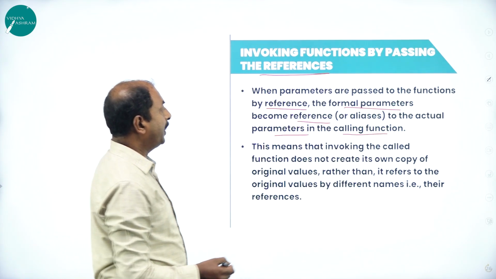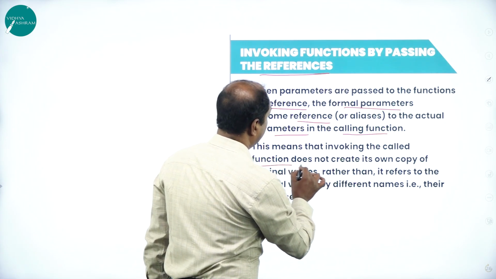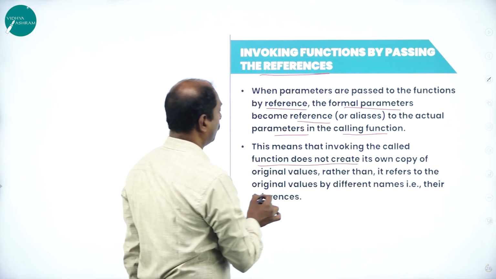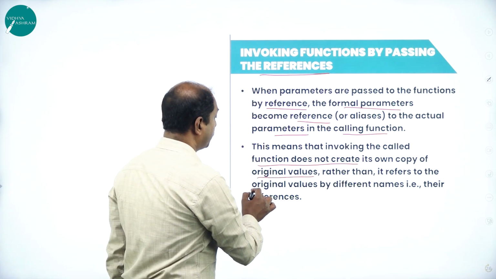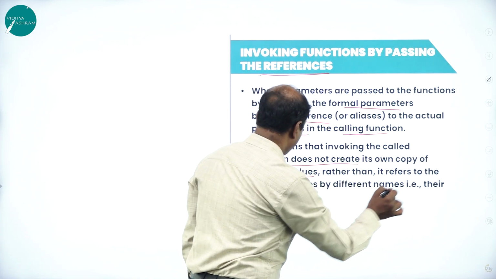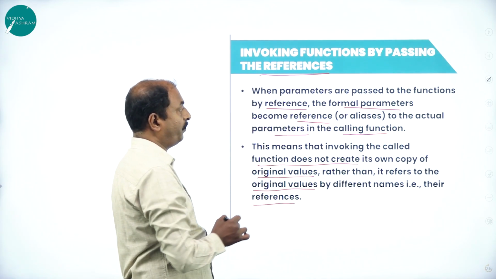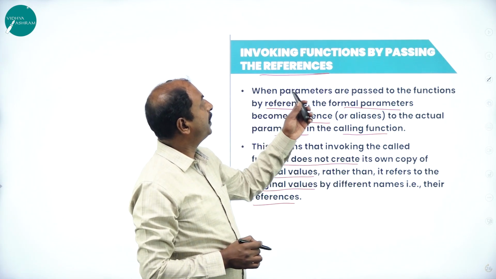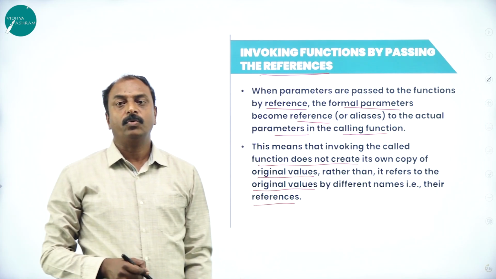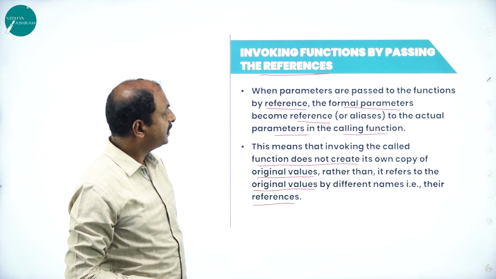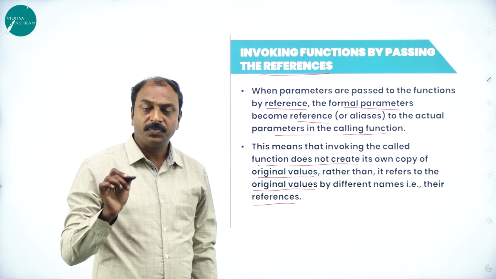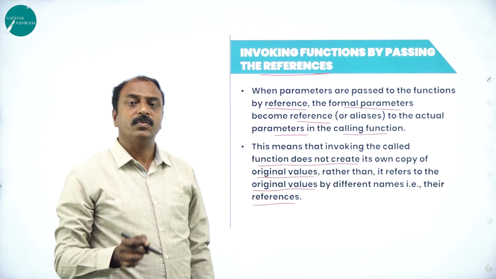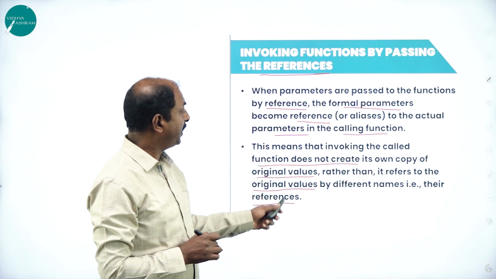This means that invoking the called function does not create its own copy of the original values; rather, it refers to the original value by a different name. That is the meaning of reference. In the pass by reference method, whatever value you pass, it takes only the alias name, or it works with the original data or the original value under a different name.